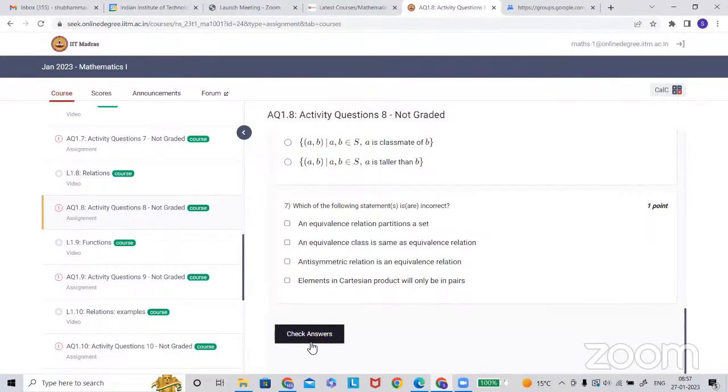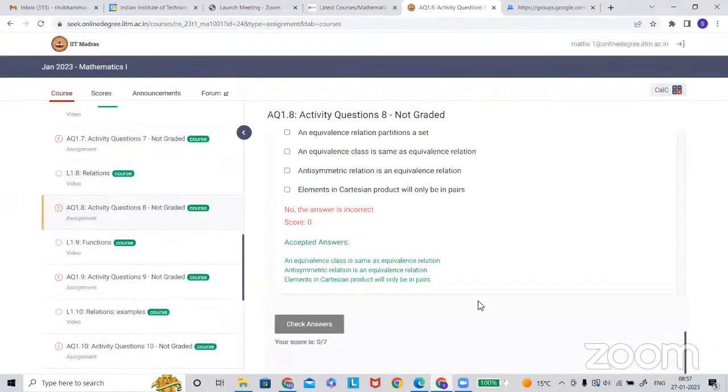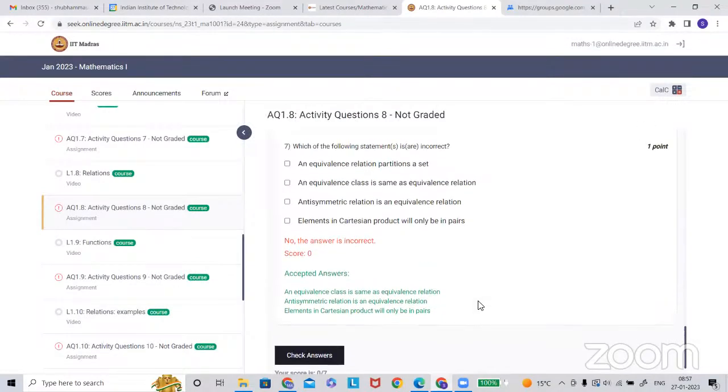Just a minute. Elements in the Cartesian product will only be in pairs. So how are you taking the Cartesian product? What is the definition of Cartesian product?